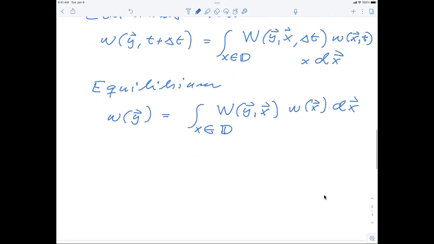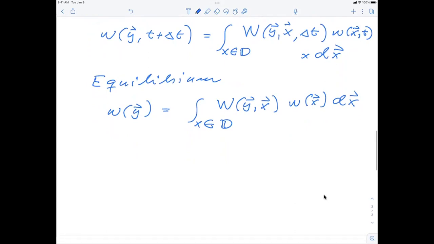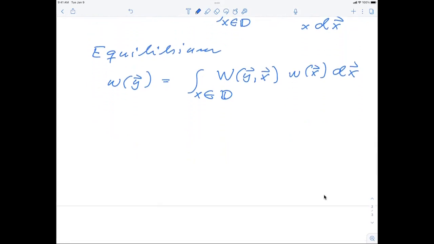Now, one of the things we can do next is to find this probability Wx as a function of time. So what we do now is that we keep time.